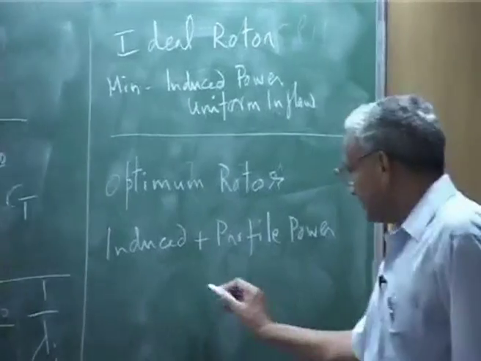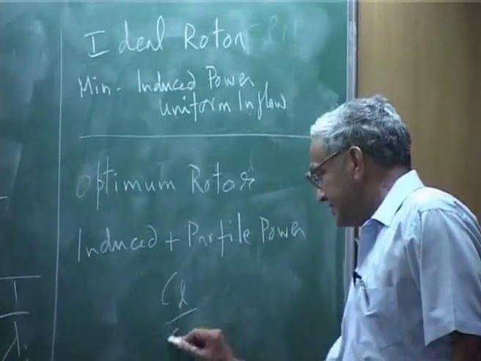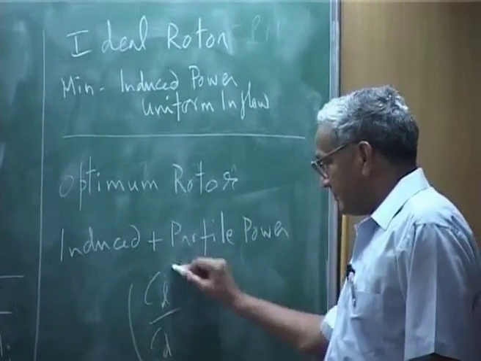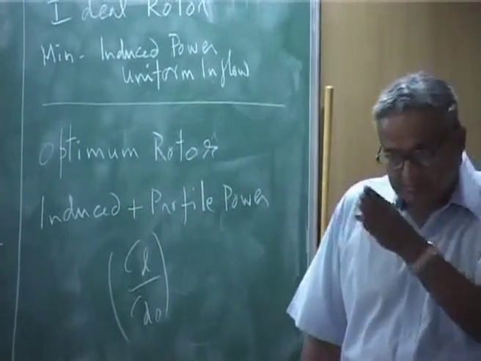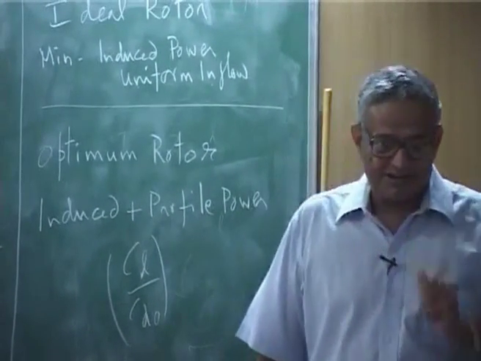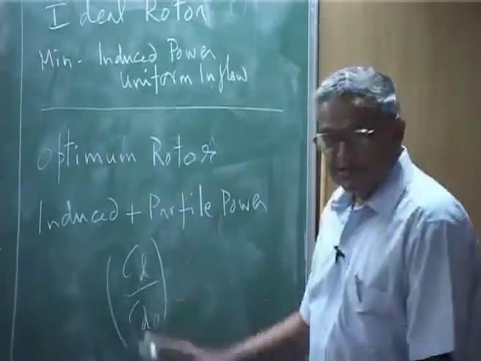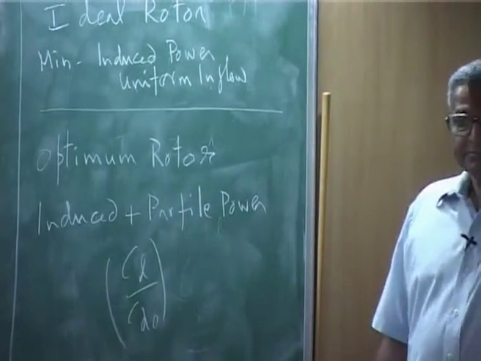That means CL over CD naught, the sectional lift coefficient by CD naught, must be large.